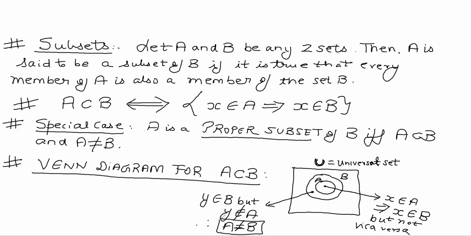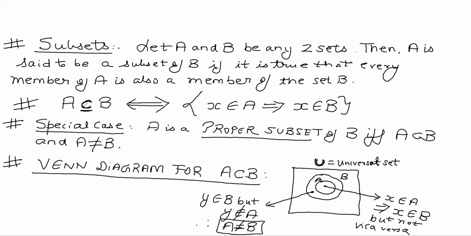The second point is telling you that A is a subset. So subset, I write it like this: A is a subset of B only when elements in A also lie in B. But when will A be called a proper subset?